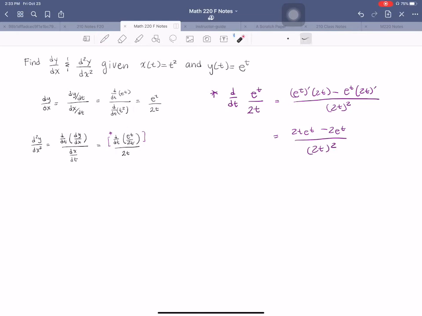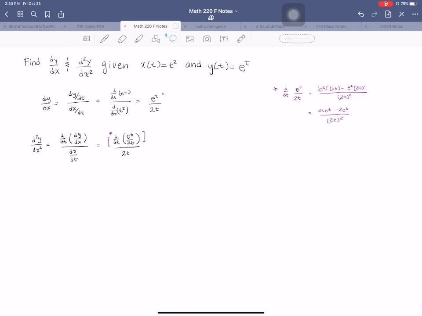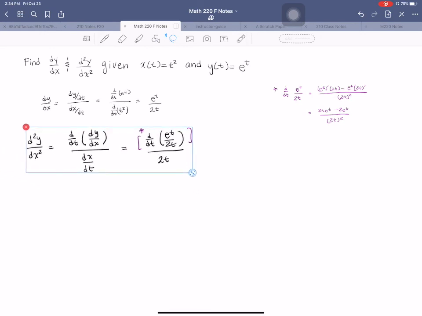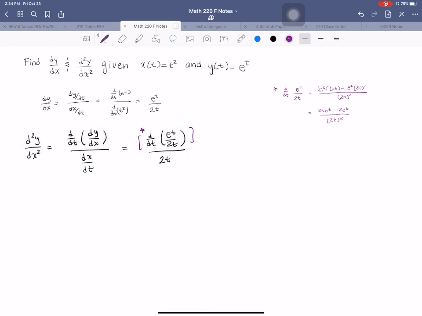Now let's go ahead and replace this here in the numerator. So now in my numerator, I'm going to write this derivative we found here.